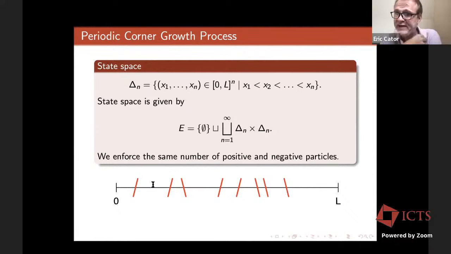So we enforce the fact that the number of positive and negative particles are the same. This is relevant. You can deviate from this, but you get a different process with different properties. But in our case, we will enforce that the number of positive and negative particles are the same. And then you get a state space like this.